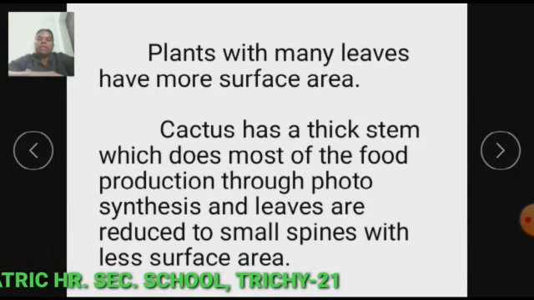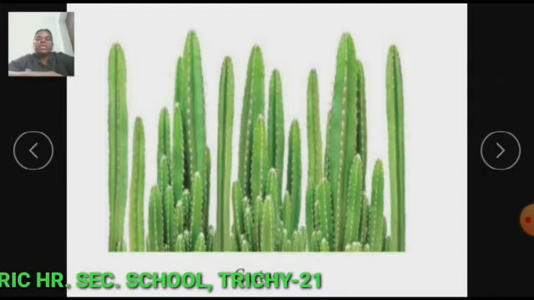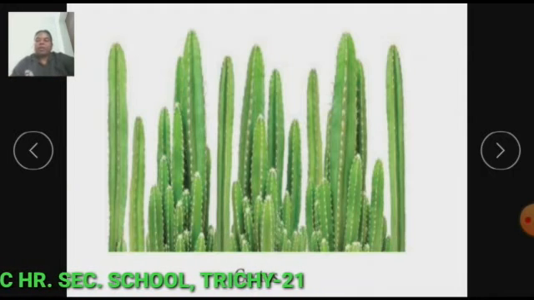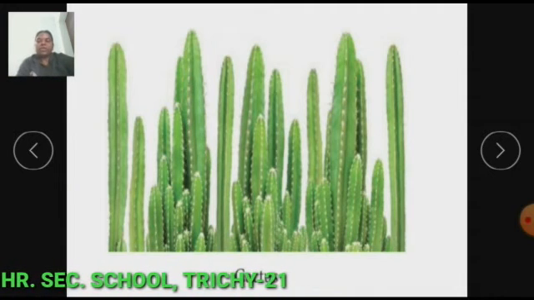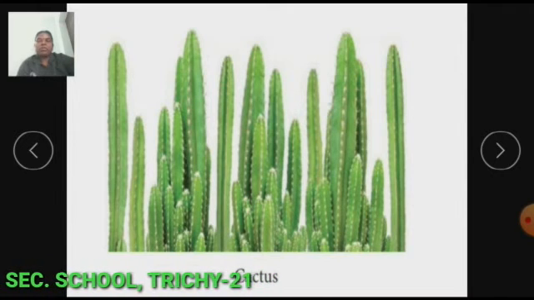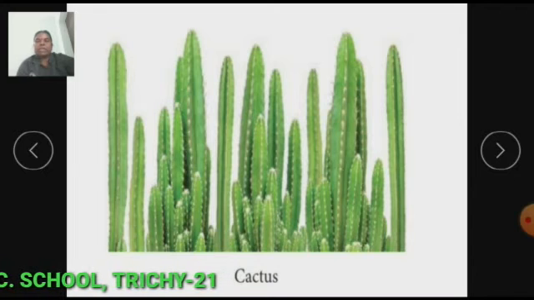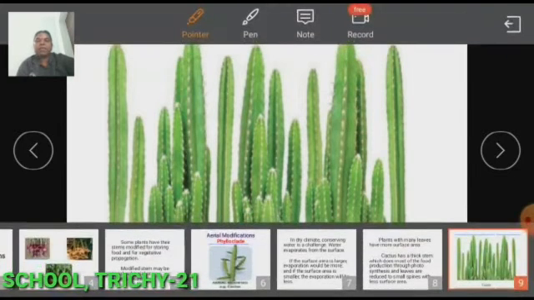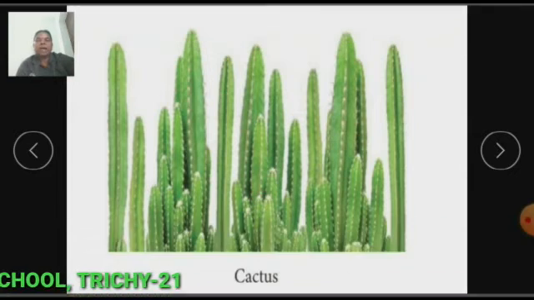Cactus has a thick stem which does most of the food production through photosynthesis, and leaves are reduced to spines with less surface area. This is cactus plant.